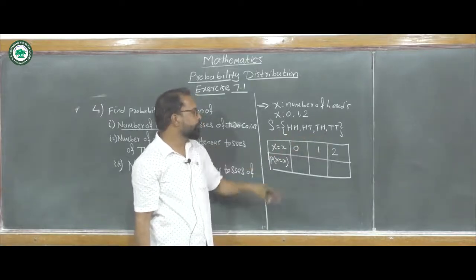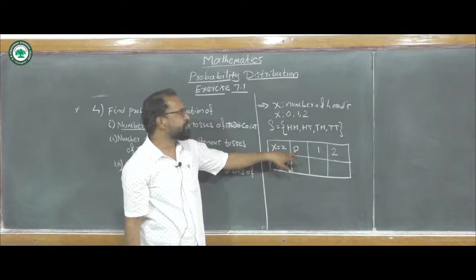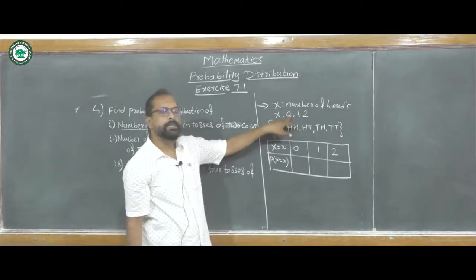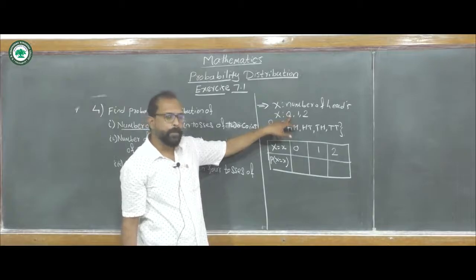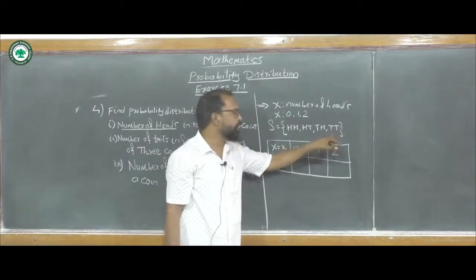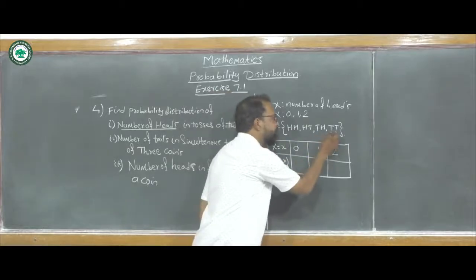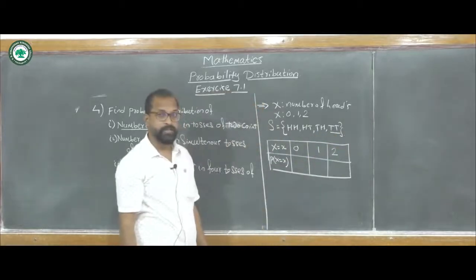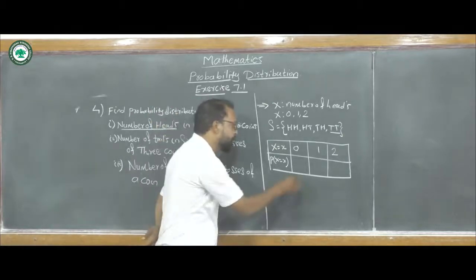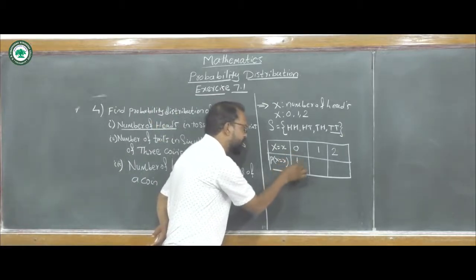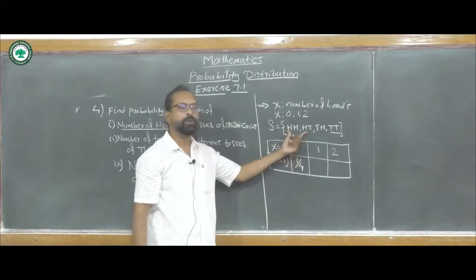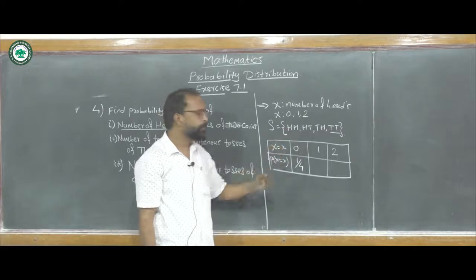When X takes the value 0, that means 0 heads appear, which means both tails appear. There is only one such chance, so when X equals 0, its probability is 1 by 4, because the total outcomes are 4.